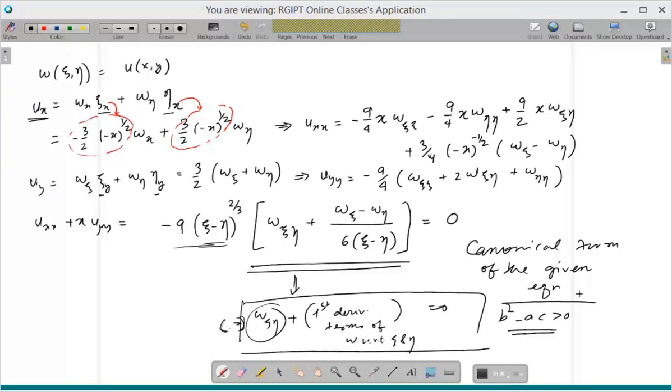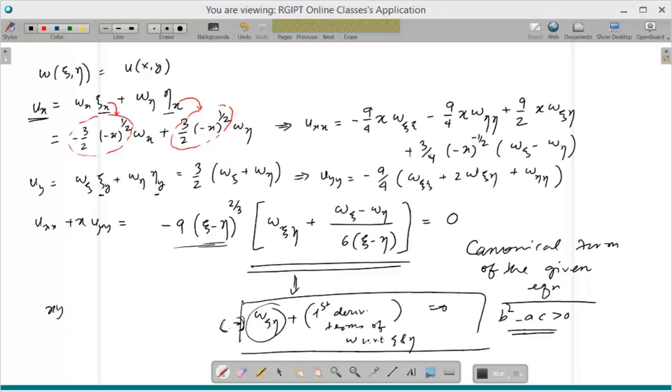Then you know whether you have a parabolic, elliptic or hyperbolic equation, and you reduce that equation to the canonical form for that kind of equation. Having only one mixed or cross derivative term is a characteristic of a hyperbolic equation. This is a hyperbolic equation.